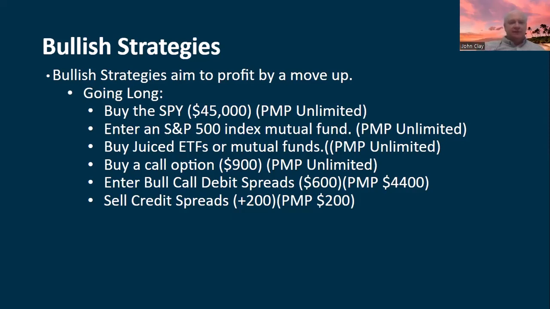The closer you get to them expiring, the less value they're going to have. And so you're selling them now with the idea that you can either let them expire and keep the whole $200, or you buy them back at maybe $100 in the future, and now you've made $100 on that particular trade.